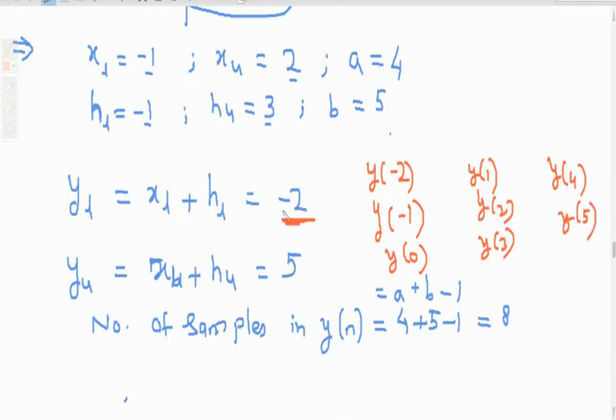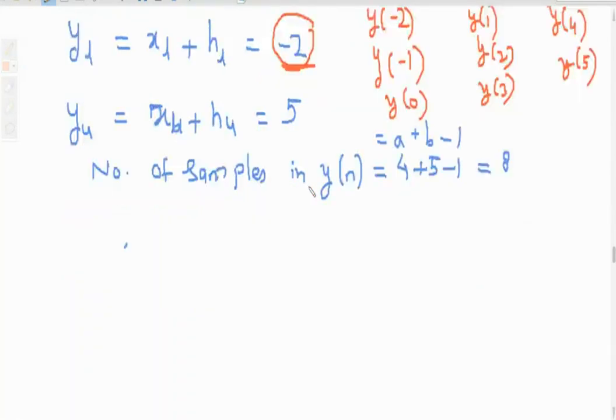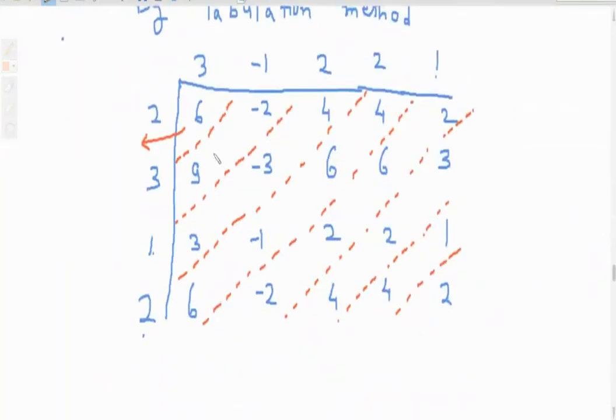So we have to start from the lower limit. Lower limit is y of minus 2. The first value is y of minus 2. So y of minus 2 is 6. Then next value will be y of minus 1. Y of minus 1 equal to 9 minus 2, that means 7. Then this value is y of 0.